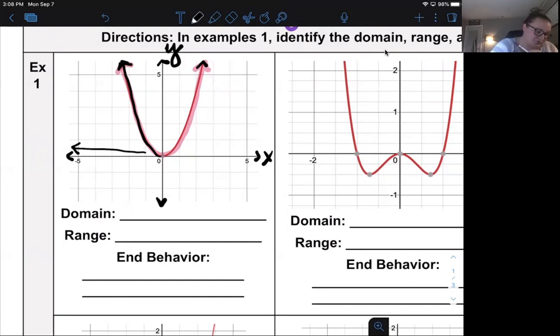So for interval notation, you describe what happens to the left and to the right, and then you use parentheses or brackets. So to the left, I'm headed in the negative infinity direction. And then to the right, I'm headed in the positive infinity direction. So my domain is negative infinity to positive infinity.